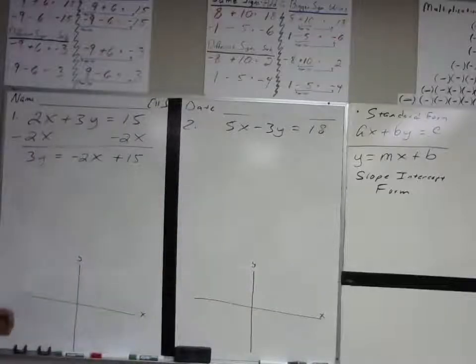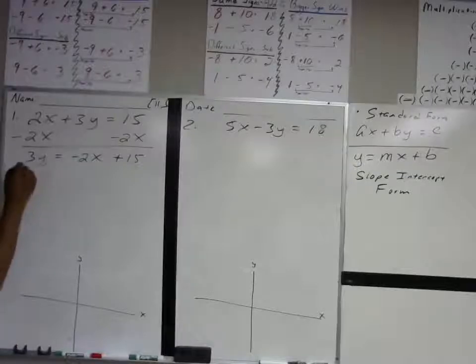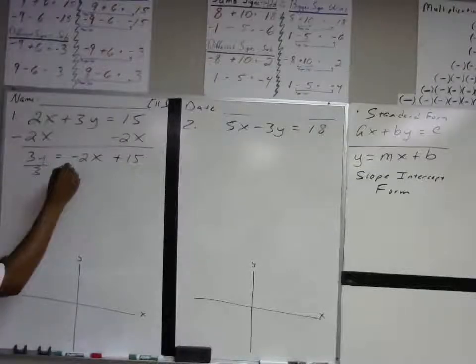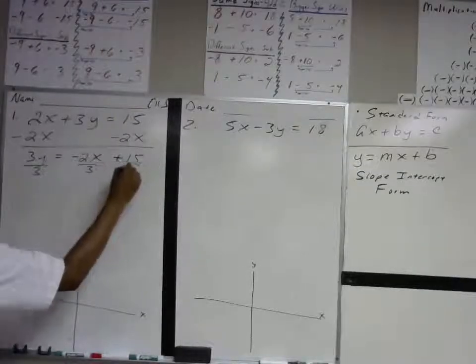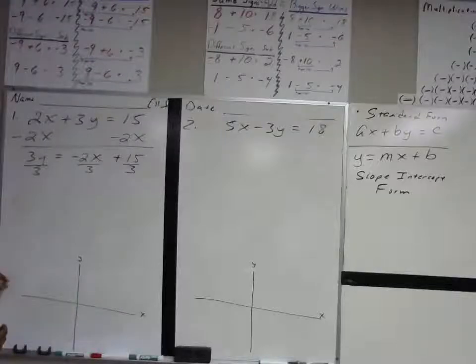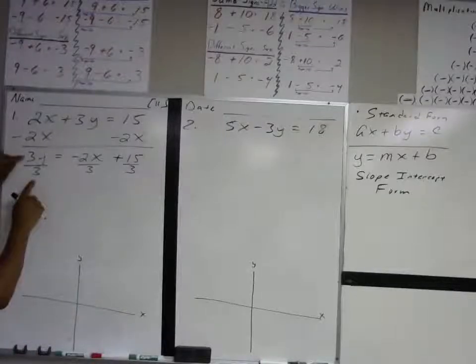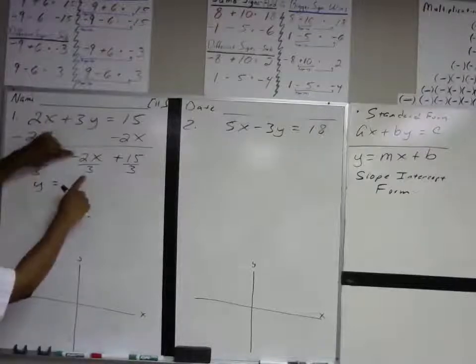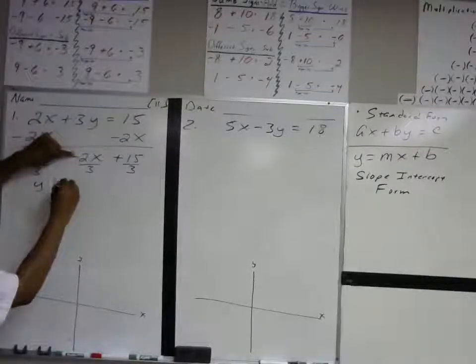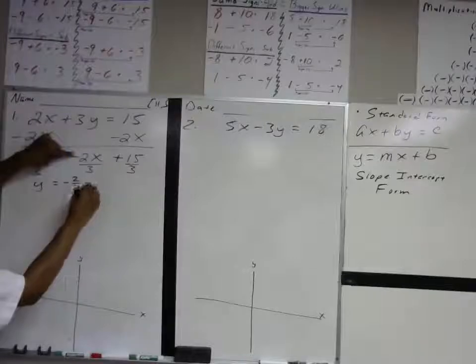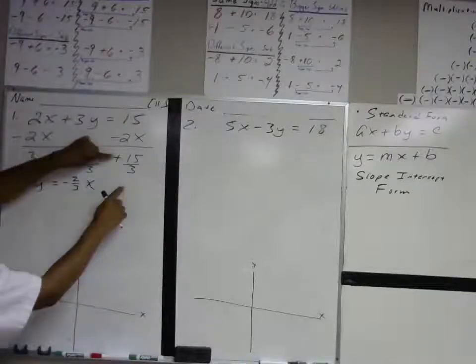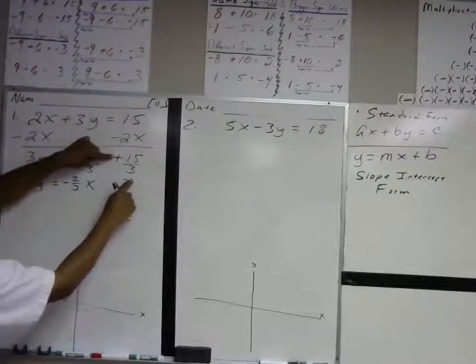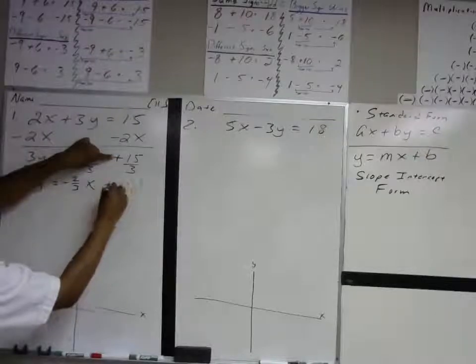Okay. From here, we're going to divide everything by 3 in order to get the y by itself. So divide by 3, divide by 3, divide by 3. And the 3's cancel, and we get y equals, this becomes a fraction of negative 2/3 with the x, and this simplifies 15 over 3 to a 5.